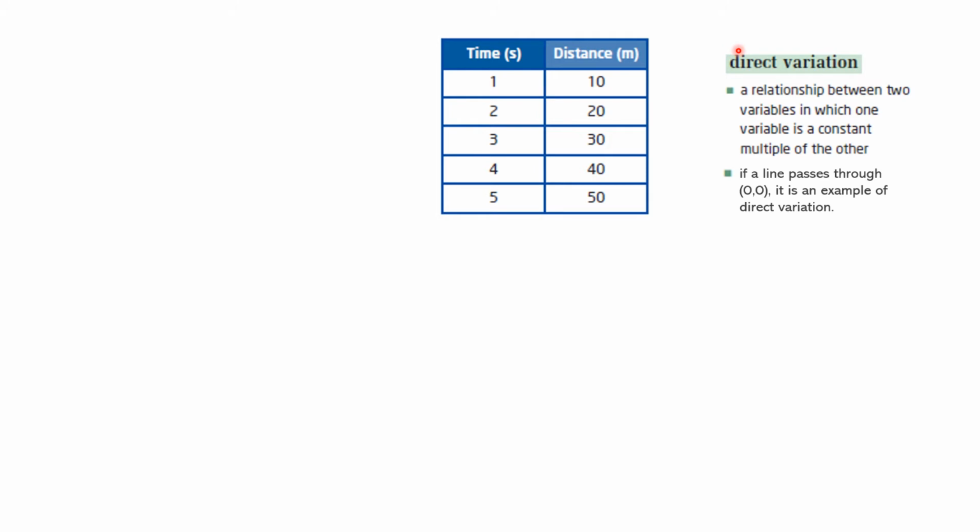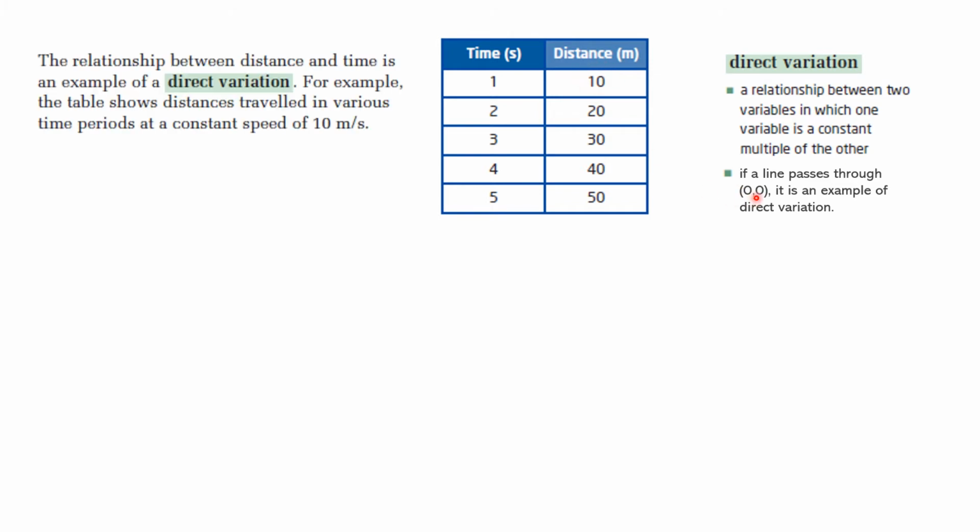So if a line passes through 0, 0, it's an example of direct variation. That means I could have 0, 0 on this chart and it would still fit this pattern. So hopefully you've seen that the pattern is whatever my independent variable, my x or my time, I multiply it by 10 to get this number here. And that's the same with 0, 0. 0 times 10 is 0.